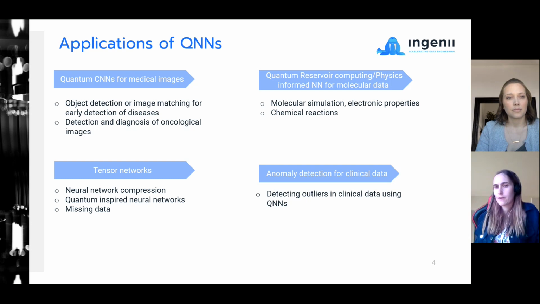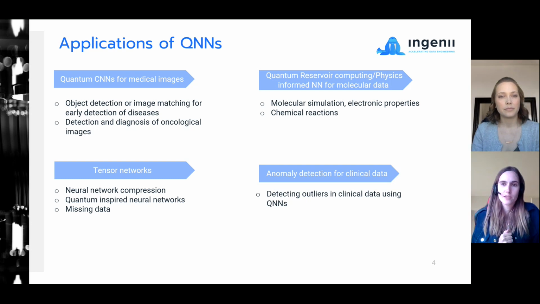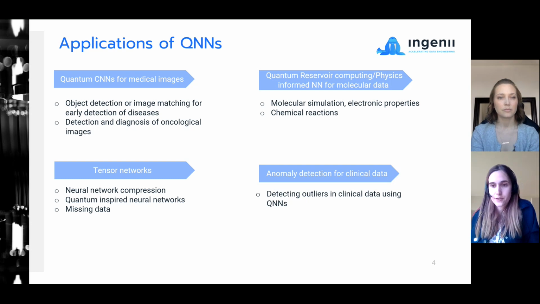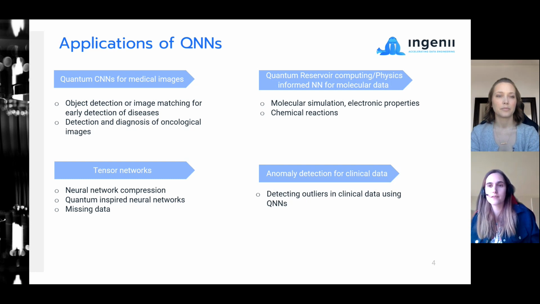But if you have different types of images, you can have multiple channels giving different information about these images. And quantum neural networks are able to look at all these channels at the same time, and therefore they can provide significant acceleration in the training and, yeah, accuracy of these models.